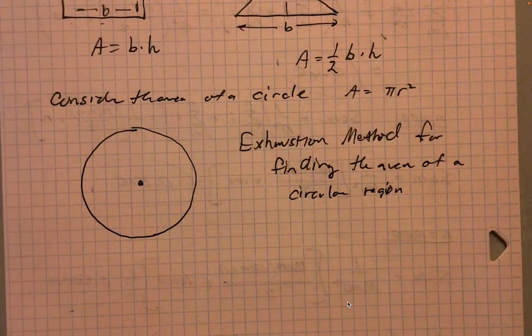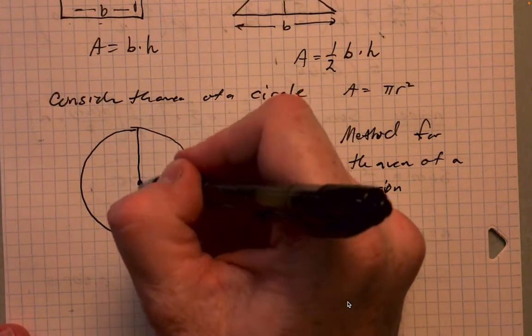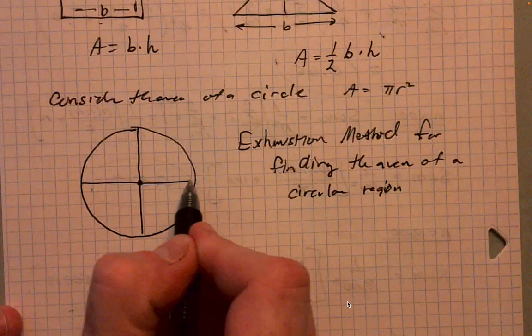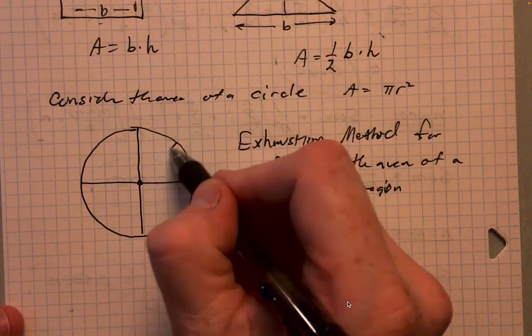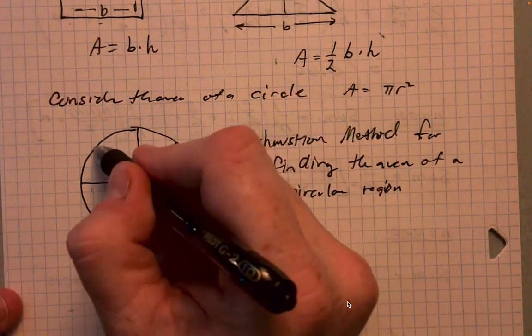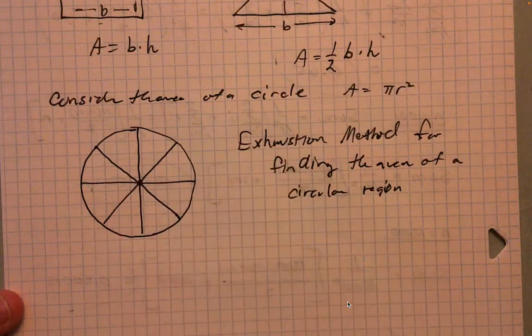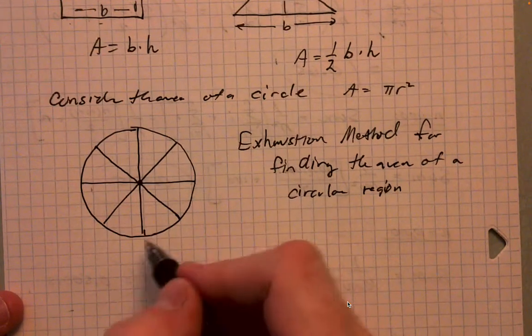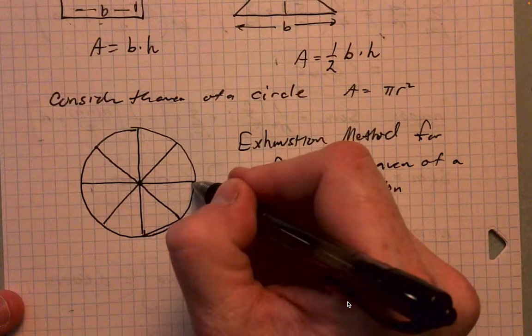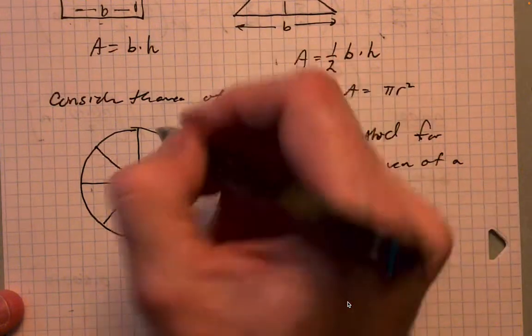What we would do is break the circle up by drawing diameters at different angles to one another. And you can think of these as each being a triangle, like so.